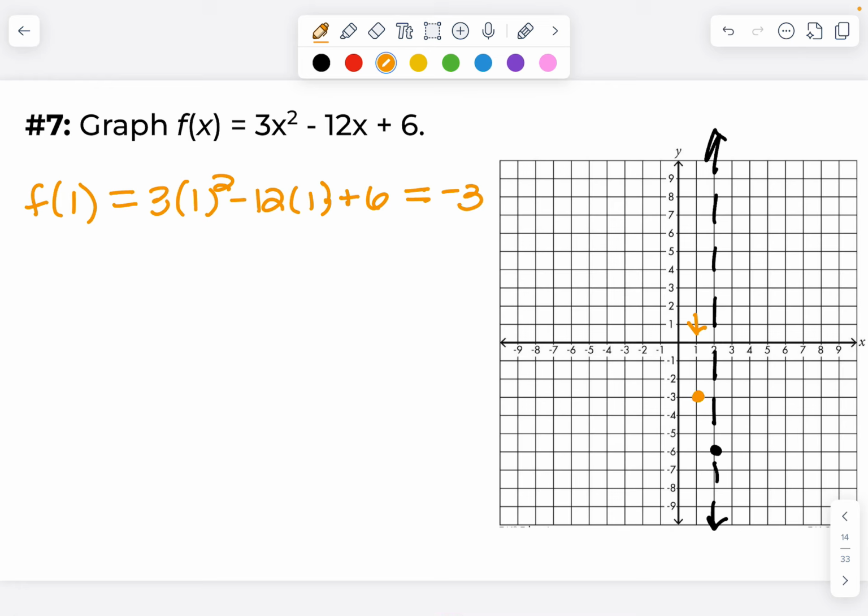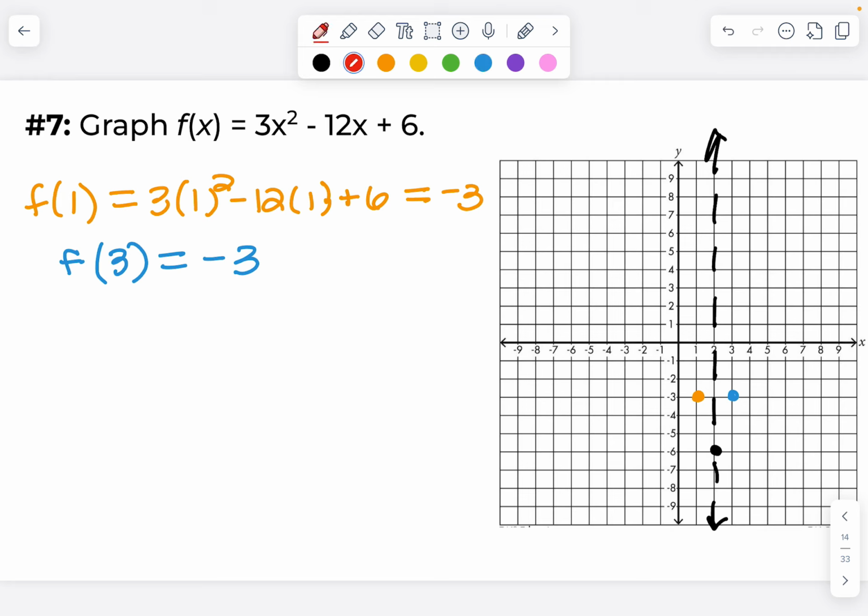So that's going to be right here. Again, 1 to the left, I'm going to go 1 to the right at that same y value for my next point. So f of 3 is going to equal negative 3. So that's the next coordinate I can grab.